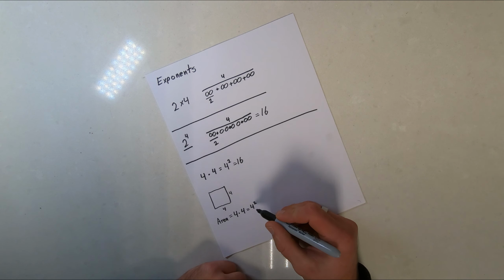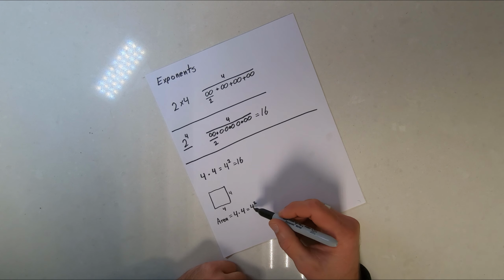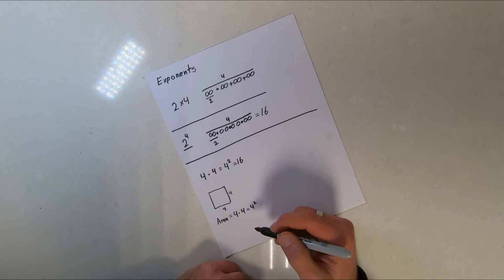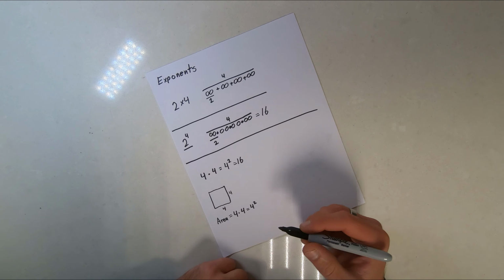The 2nd power is called a square because whenever you multiply the same number by itself, you get the area of a square. So instead of saying 4 to the 2nd power, we can just say 4 squared.